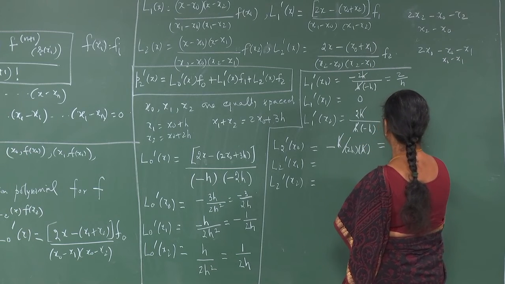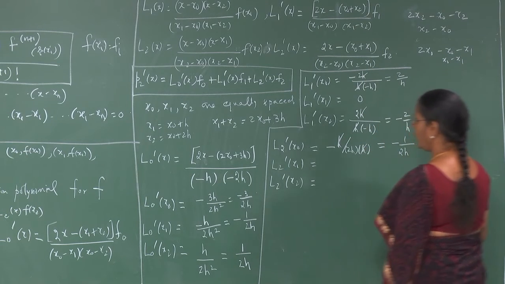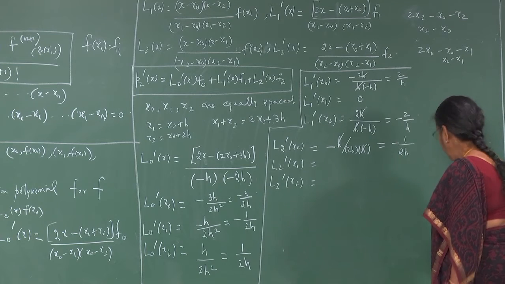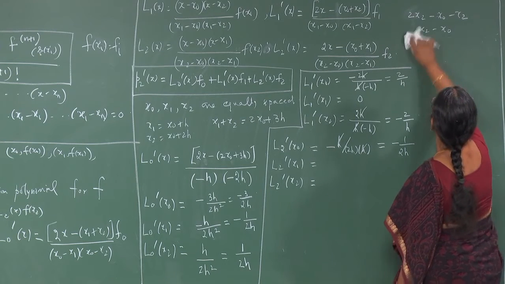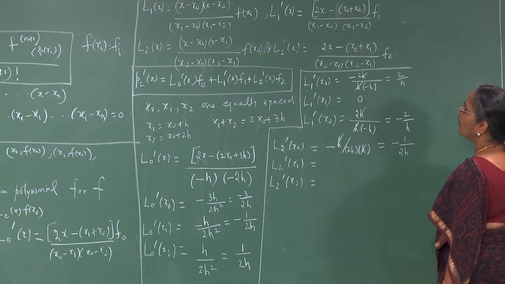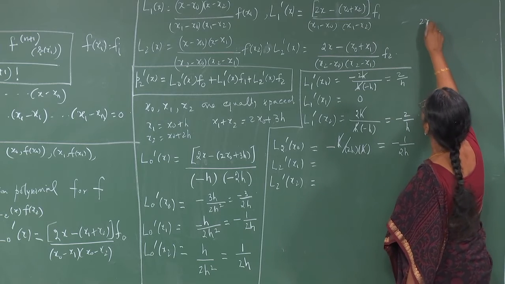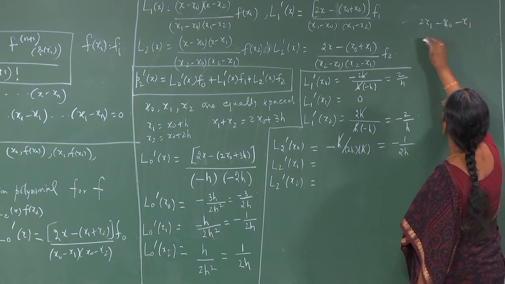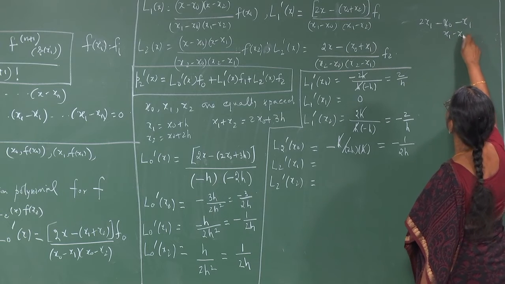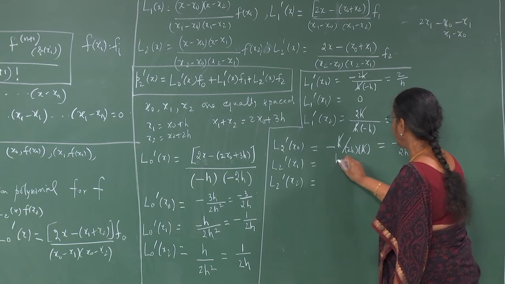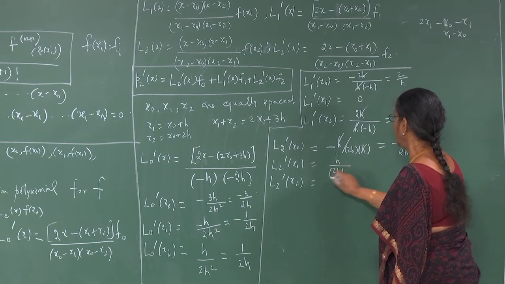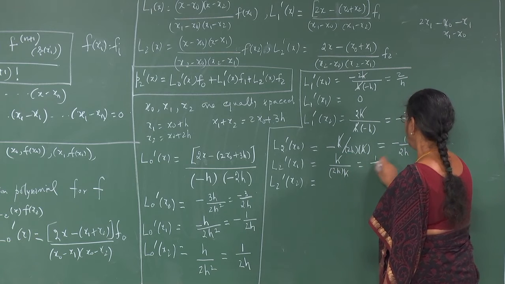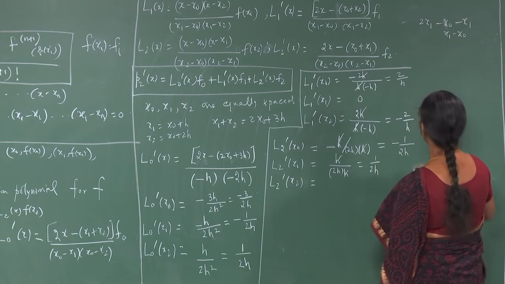So, that gives you minus 1 by 2h. What about L2 dashed at x1? That will give you 2x1 minus x0 minus x1. So, it is x1 minus x0, which is h, by 2h into h. So, it is 1 by 2h.